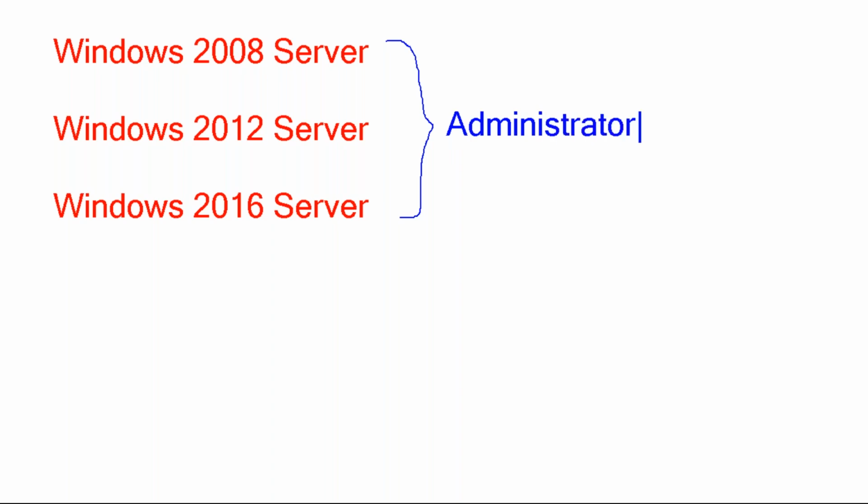Windows 2016 server. So whenever we install these operating systems, one user is created by default. The user is administrator. The user is automatically created, but for server operating systems only, not for Windows 7, Windows 8, Windows 10. Server operating systems only.